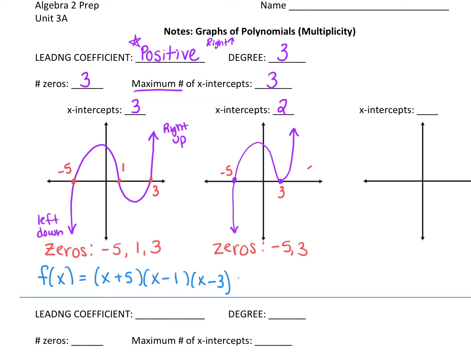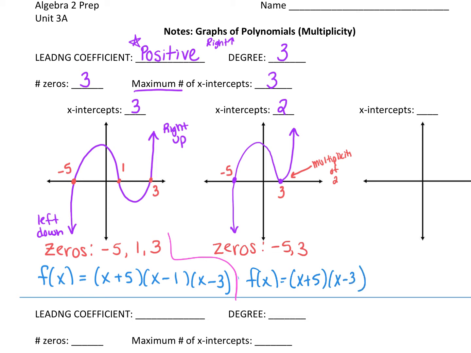But because the 3 just touches the graph, it doesn't go through the graph, we call this a multiplicity of 2. Meaning that when I write my factored form, I'm going to have f of x equals x plus 5 and x minus 3.